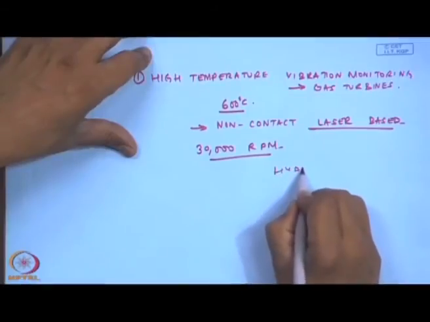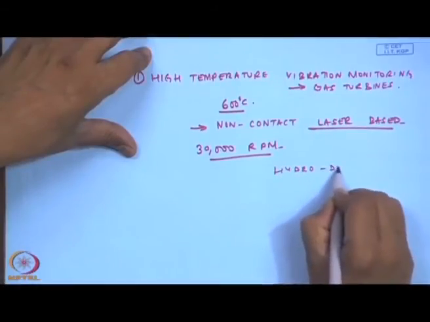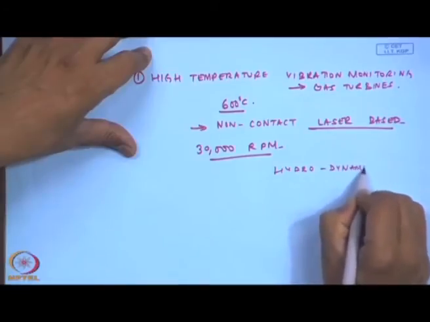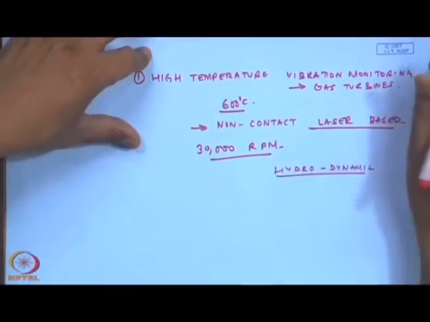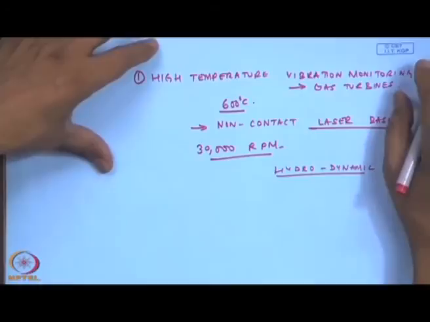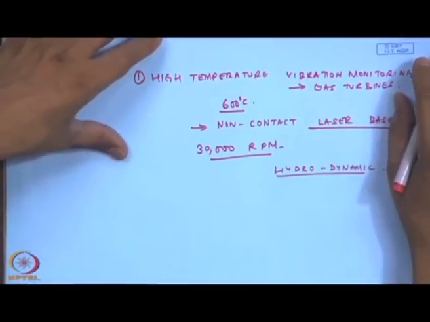Because the rotor weights are so high, we need to have hydrodynamic bearings. And what are the stability issues of hydrodynamic bearings in terms of the temperature, in terms of the oil viscosity? These are serious issues which need to be looked into.